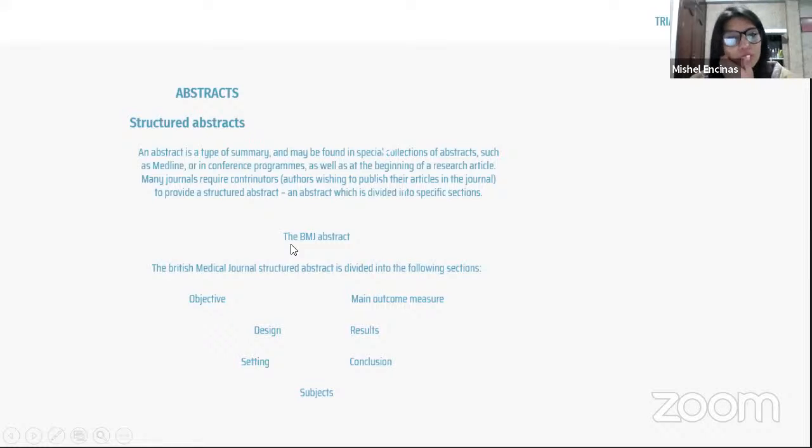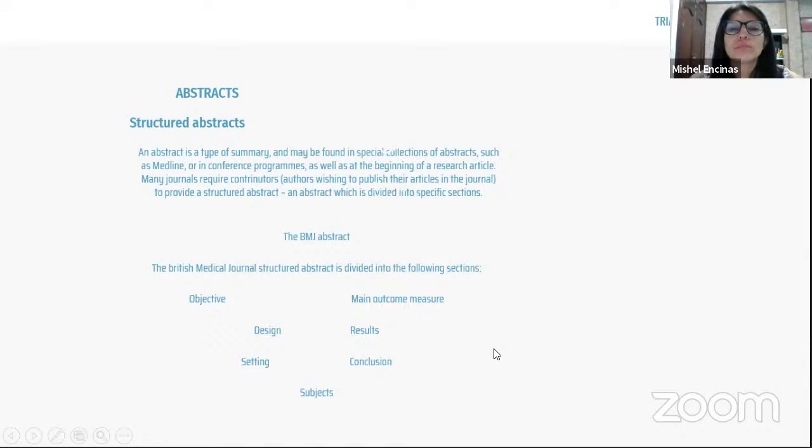And we have here the BMJ abstract. For example, what does it mean? It means the British Medical Journal structured abstract is divided into the following sections. It has an objective, a design, a setting, subjects, main outcome measure, results, and conclusion.